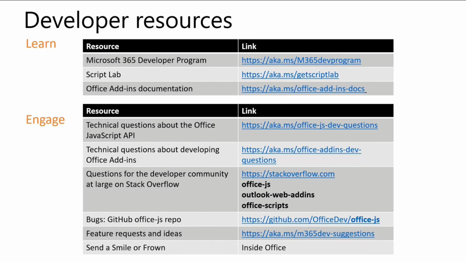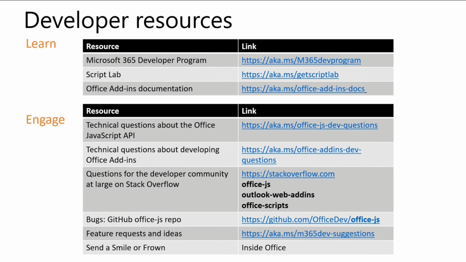In terms of engaging with the team, if you have technical questions about the Office JavaScript API, there's a link there, aka.ms/office-js-dev-questions. If you have technical questions about developing Office add-ins, then go check out aka.ms/office-add-ins-dev-questions. Then you can also go to stackoverflow.com.